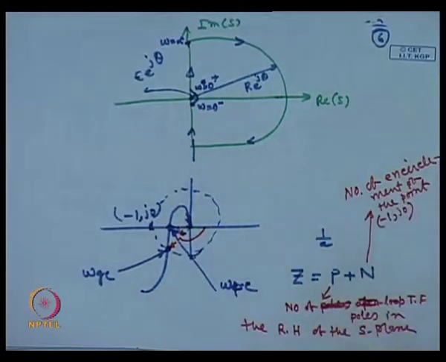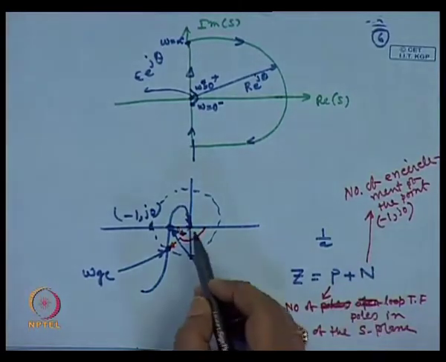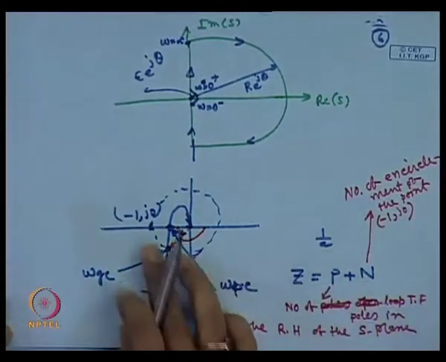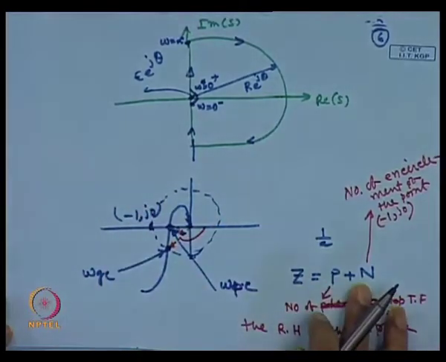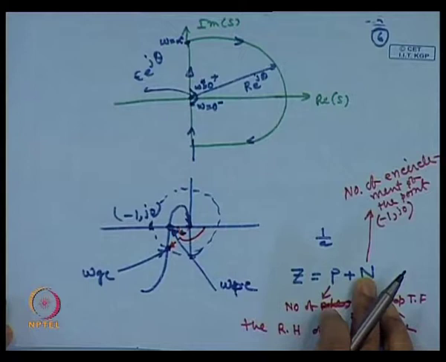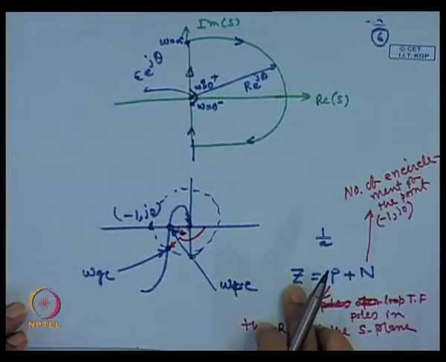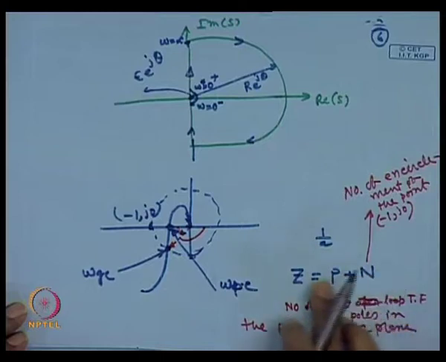I mean, suppose there are no poles in the right half of the S plane, open loop transfer function poles, that is P is 0. Then if the polar plot does not encircle the minus 1 point, N is also 0. So P is 0, N is 0, so Z is 0.